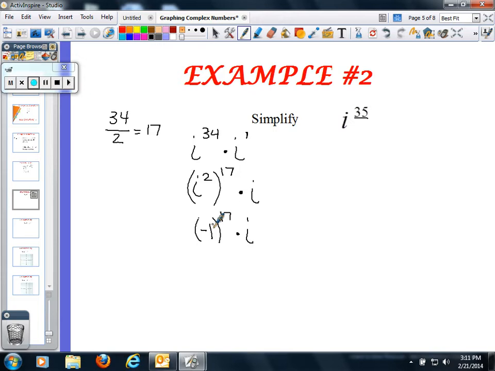Easy way to remember, -1 raised to an even exponent is 1. -1 raised to an odd exponent is -1. So that's -1 times i, which then gives you -i. So i to the 35th is just going to be -i.